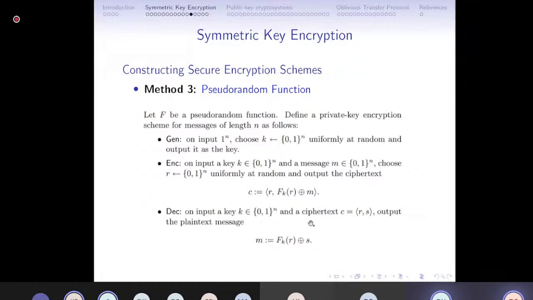That means if we choose the same message again and again, every time it will give a different ciphertext. Why? Because every time we have chosen a fresh random value. That's why the ciphertext changes every time even if the message is the same.